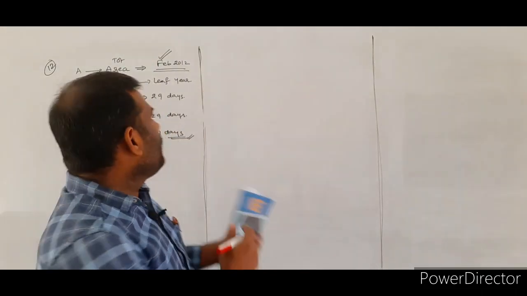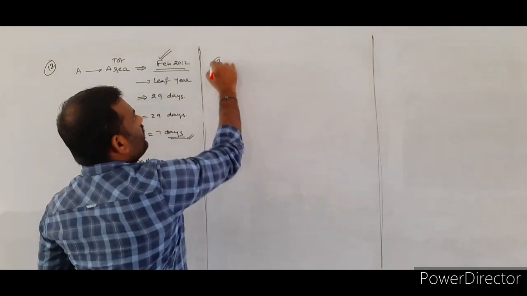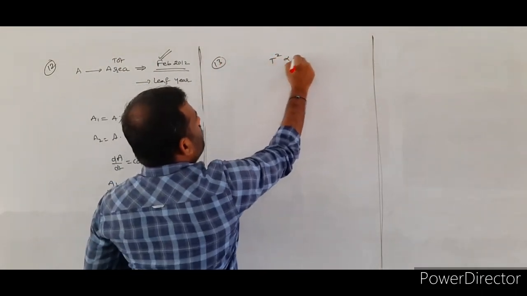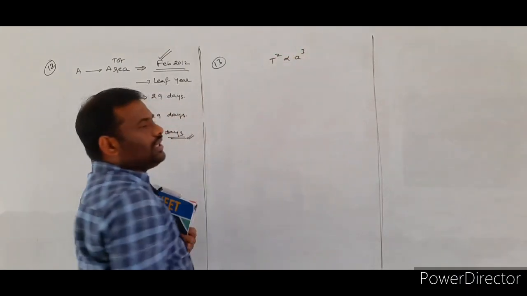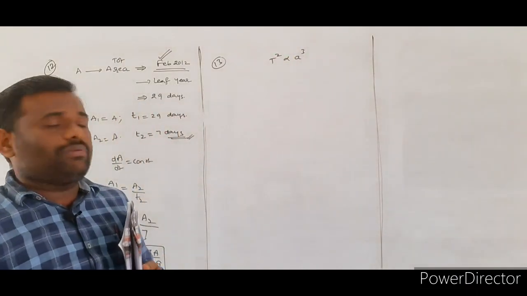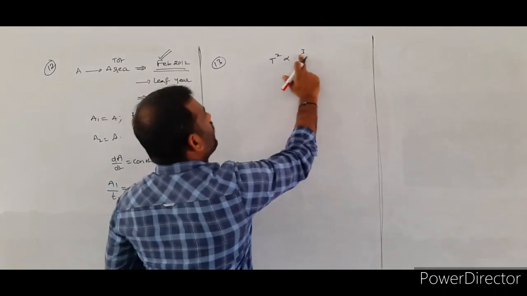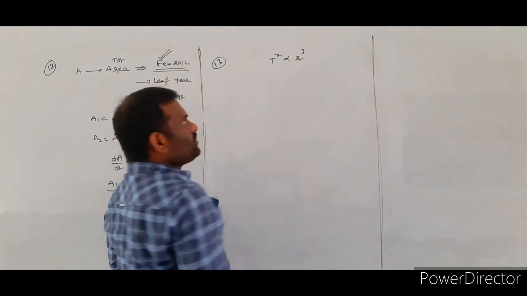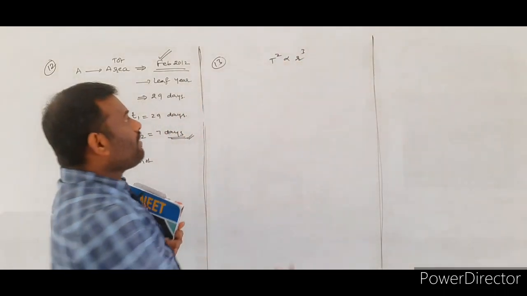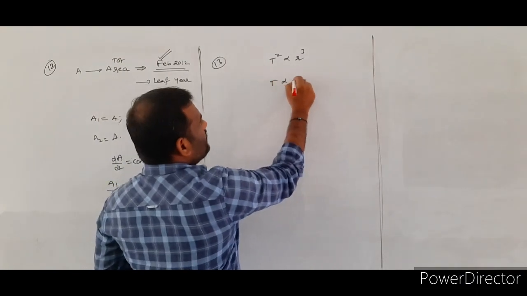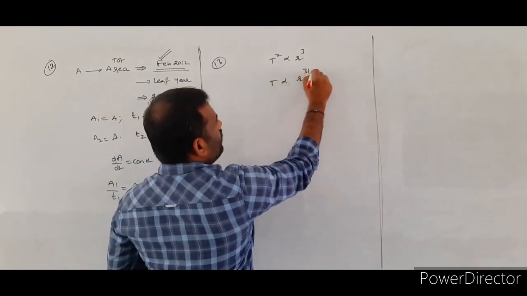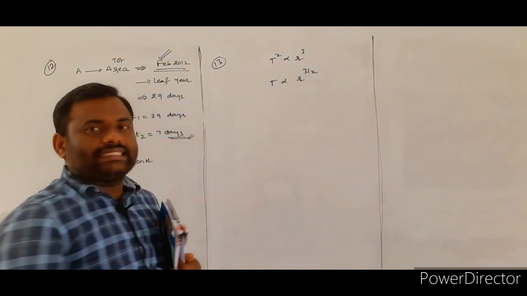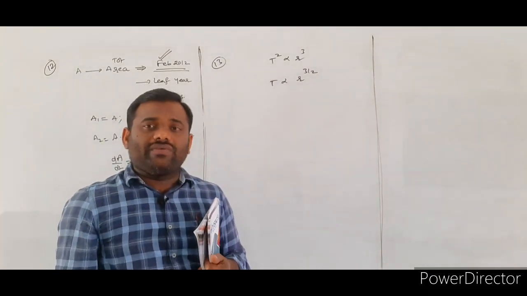According to Kepler's third law, what will we write? T square is directly proportional to R cube. From this I will write T is directly proportional to R power 3 by 2.